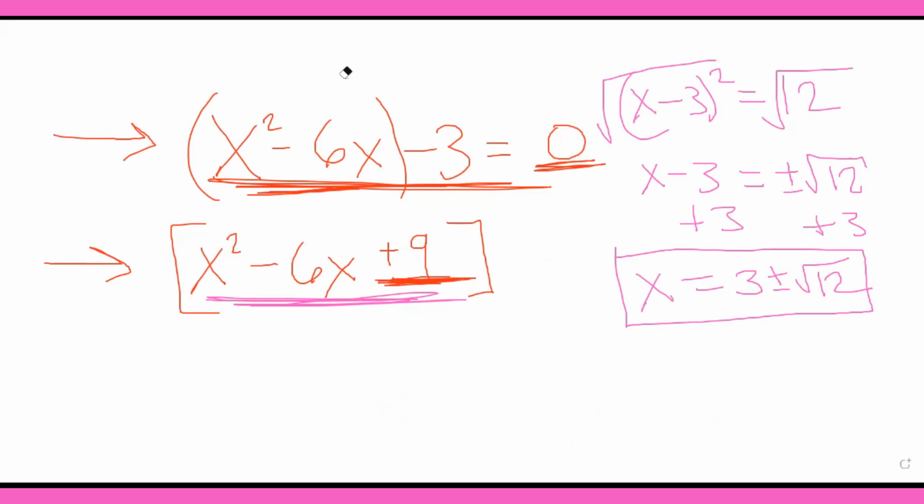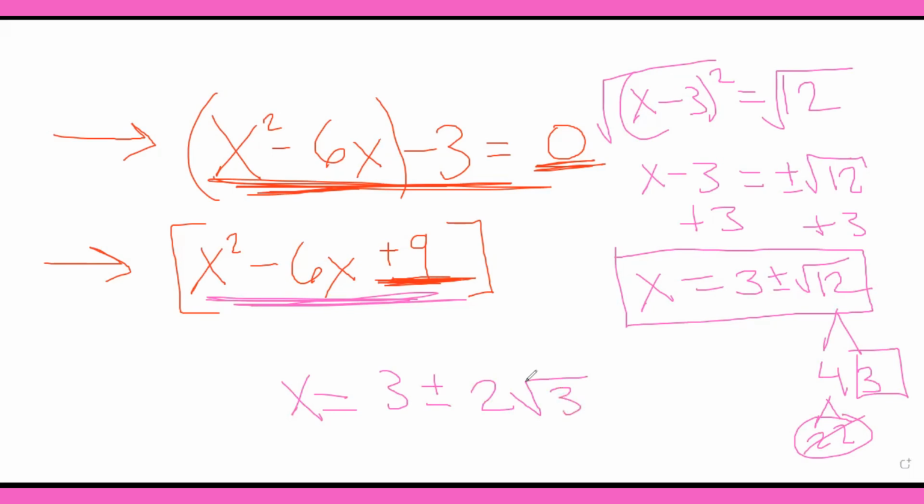But to reduce that square root of 12, we know that is 4 and 3. 4 is 2 and 2. So I can bring out the 2 and the 3 remains underneath. So the square root of 12 reduced would be plus or minus, we brought out the 2 and the square root of 3 remained underneath.